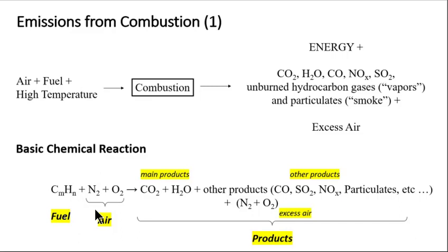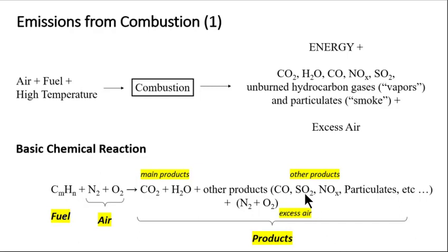We then denote the products of combustion into two classes. The main products are carbon dioxide and water vapor. These comprise the main products that are created from the carbon, hydrogen, and much of the oxygen in the original hydrocarbon fuel molecules and air. However, due to the variability and particular characteristics of the combustion process at any given instance or situation, other products can be formed in lesser amounts.